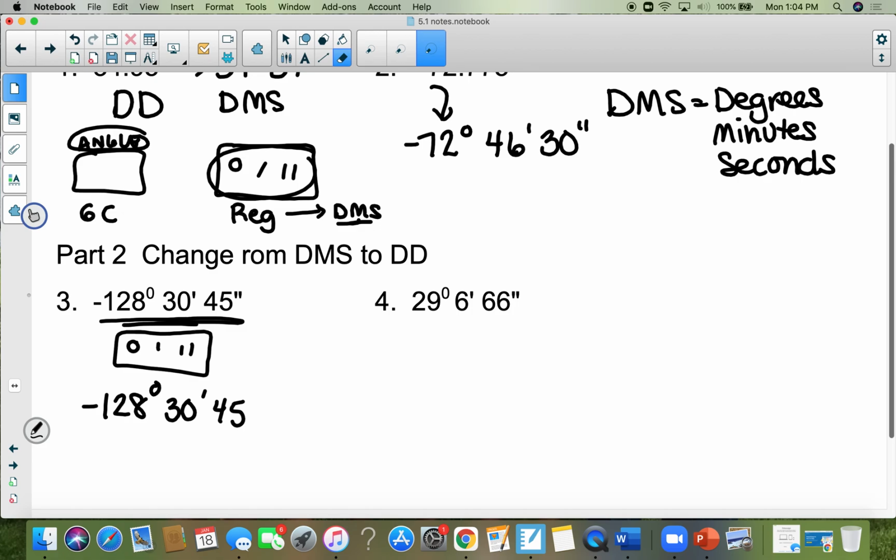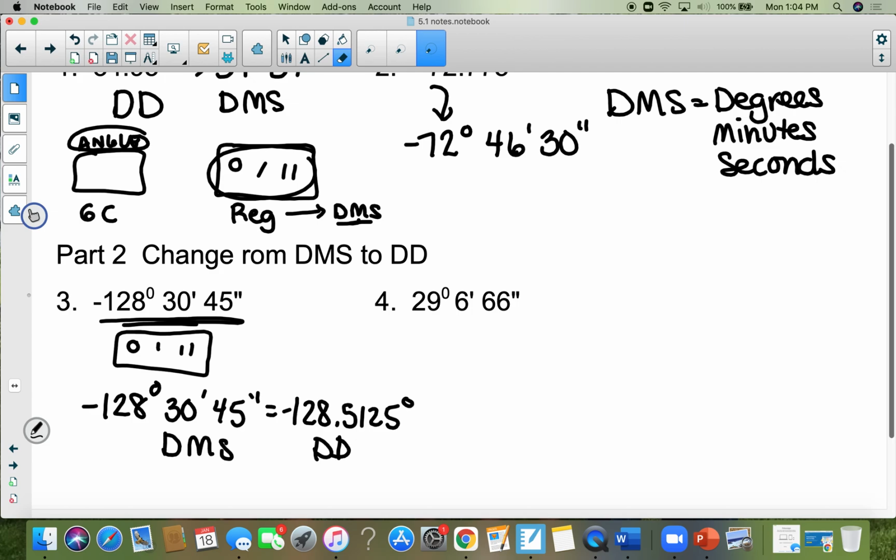It's taking me a little bit because I'm trying to explain it to you and do it at the same time. And 45 seconds. And this is going to end up being a negative 128.5125 degrees. So I went from DMS to DD.